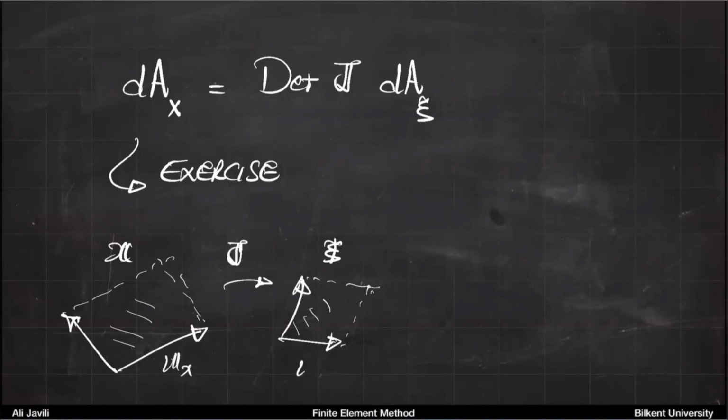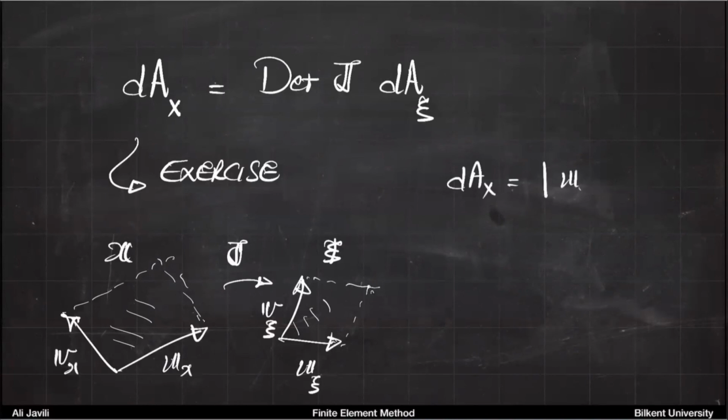So in the natural space, if this is U and V, these vectors, I put C as indication that it's a natural space. They have their corresponding vectors in the physical space. Now, in each space, obviously, the dA is calculated using your usual cross product.